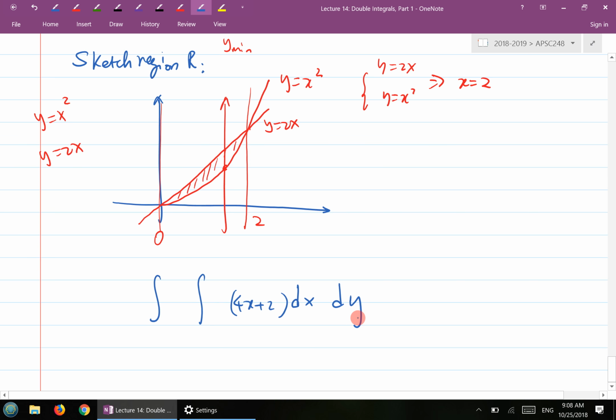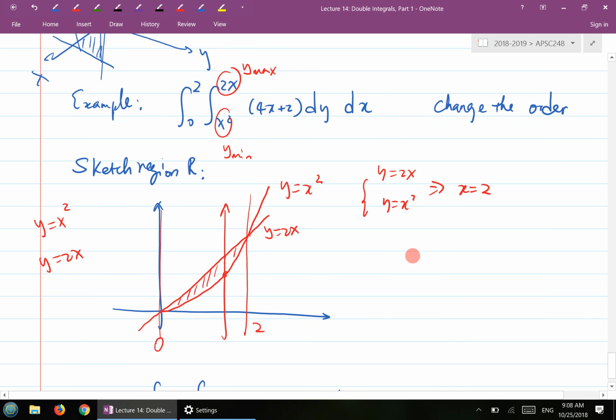So dx dy: we draw arrow lines in the positive x-axis first. First contact gives me the x min, second contact gives me the x max. First contact this time is on that straight line, second contact is on that parabola.